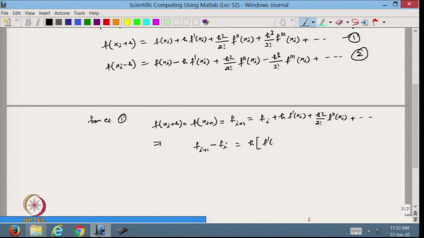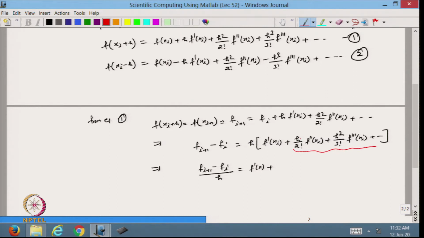So it becomes h times f dash xi plus h by 2 factorial f double dash xi plus h square by 3 factorial f triple dash xi and so on. From here I can divide by h, so I will get f i plus 1 minus f i divided by h, and now if you see, I will get the term f dash xi plus all these terms.